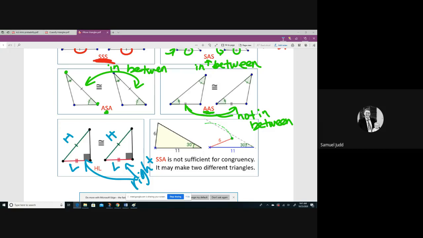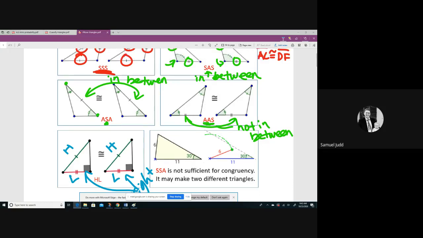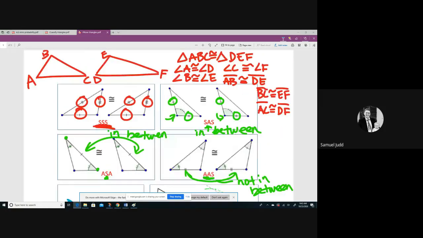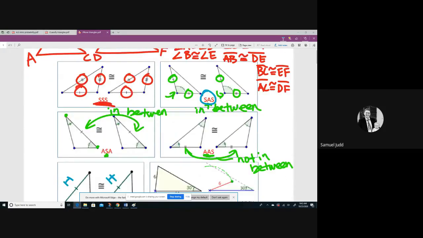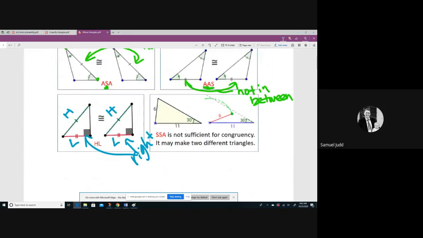Now, remember when I kind of shouted at the computer a little while back, and I said that the angle here had to be in between the sides? Let's talk about why I thought that was important. Because if the angle's not in between the sides, as is the case with this last example, SSA, this is not sufficient grounds for congruency.